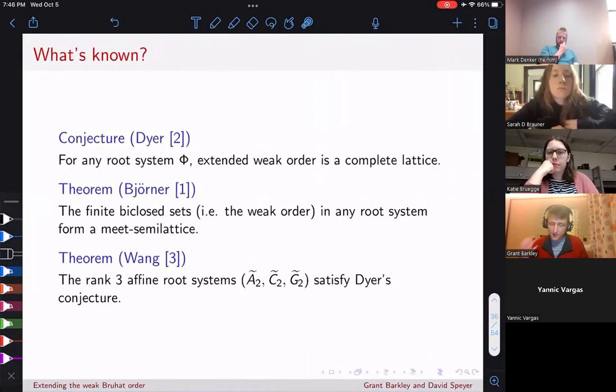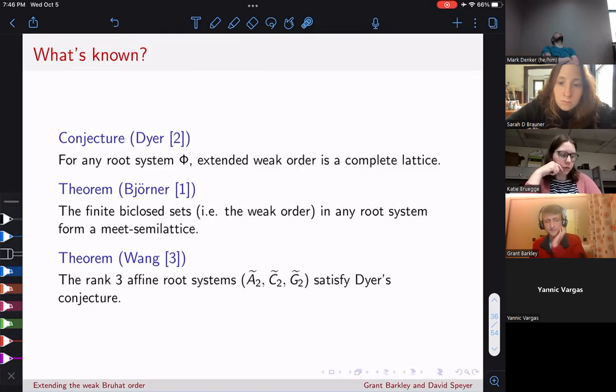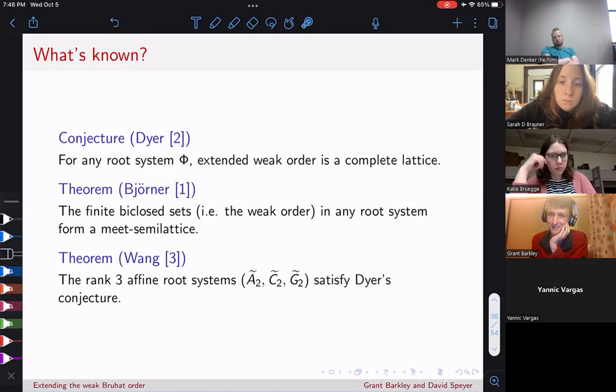Okay, so that covers finite type Coxeter groups. Wei-Xiao Wang, who was a student of Matthew Dyer, proved that the rank 3 affine root systems, so the 3-dimensional ones, also satisfy this conjecture. So that's the first time that a non-trivial infinite root system was shown to satisfy. So you can also show pretty easily that this A1 tilde that we've been looking at is a lattice. We basically did that when we were looking at the picture.